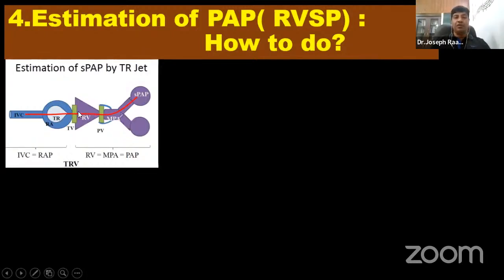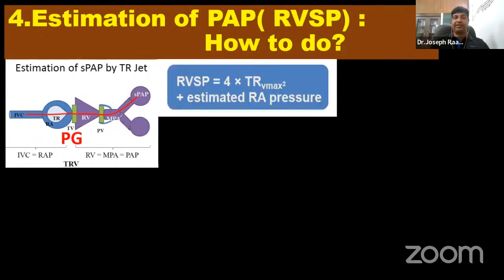If you know the pressure at the right atrium, and you add the pressure gradient between the right atrium and right ventricle, that tells you the RV pressure. So if you add the pressure gradient to the right atrial pressure, that gives you the right ventricular systolic pressure. How do you measure the pressure gradient? For that, we use Bernoulli's theorem.